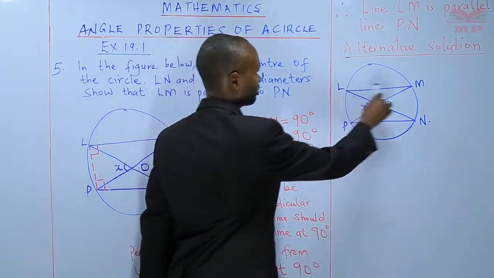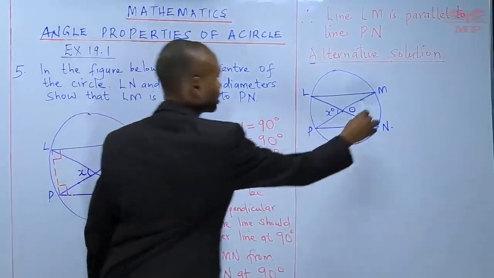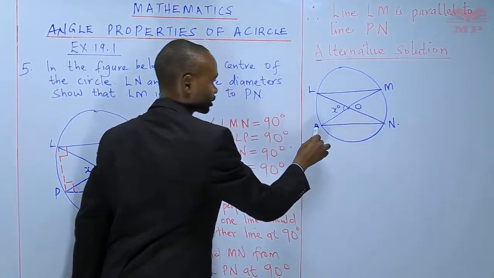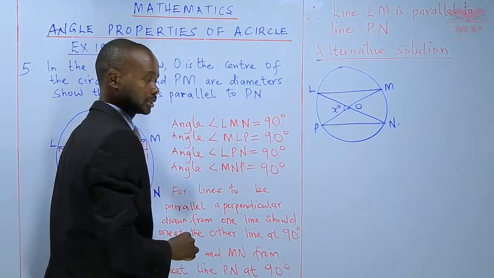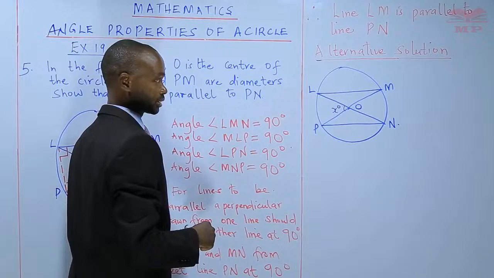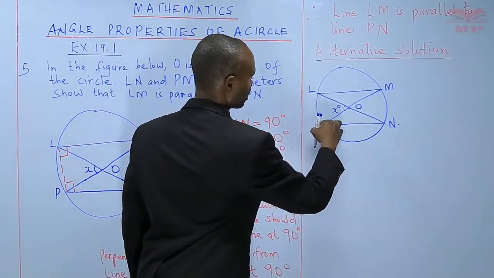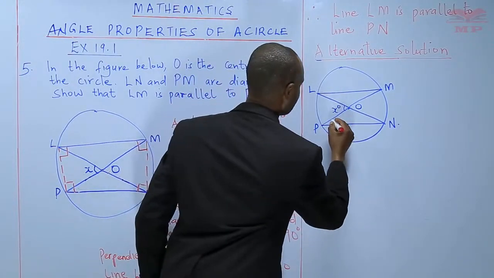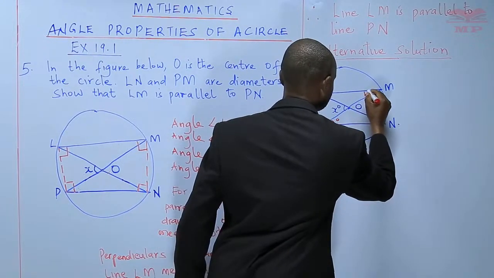We have line LM and PN. MP is a line from line LM going to cut line PN at point P. So if the lines are parallel, isn't it? The value of this angle, I can just use A degrees, will be equal to B degrees.